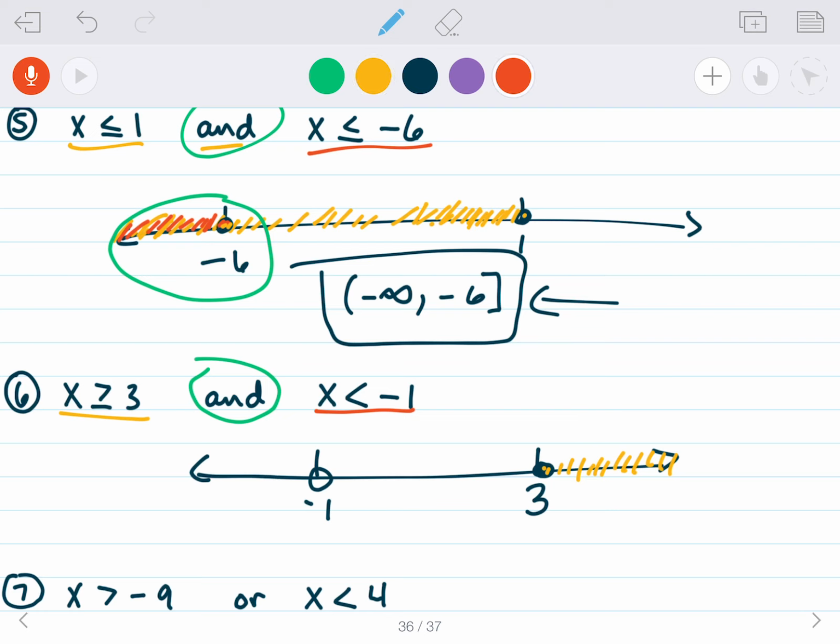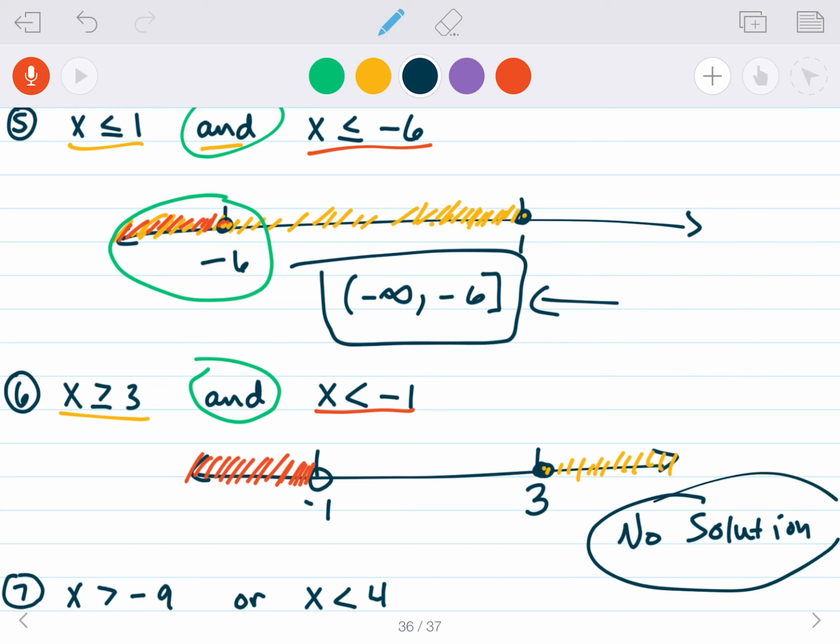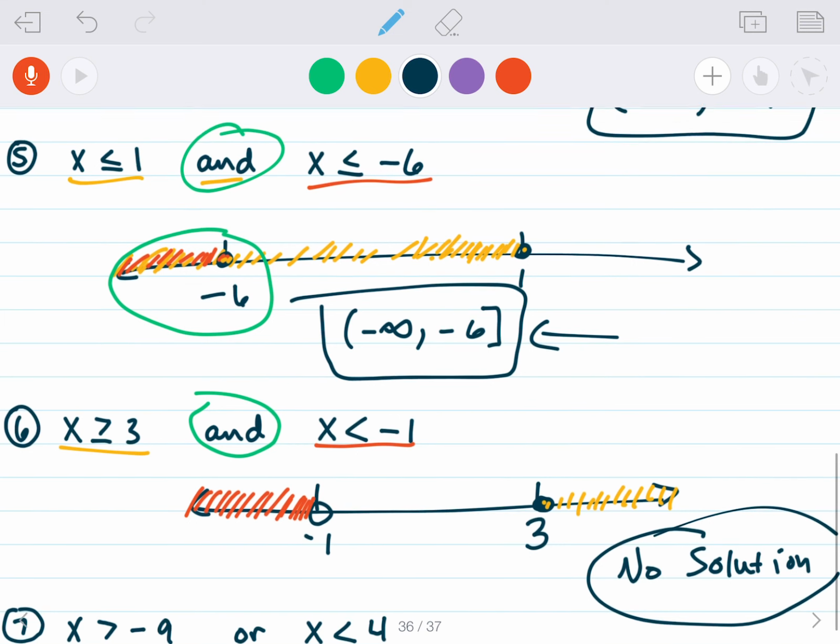For x is less than -1, I'm going to shade just to the left of -1. And they don't overlap at all, so this is no solution, because we're dealing with and here. If it was or, we would include both of the sets, but it's and, so we're looking for the overlap. There's no overlap, no solution.